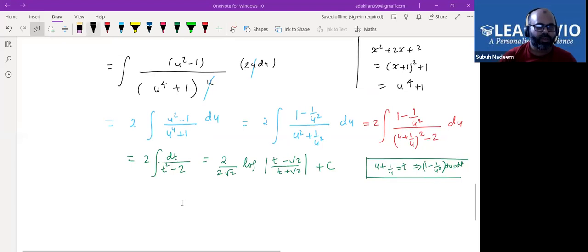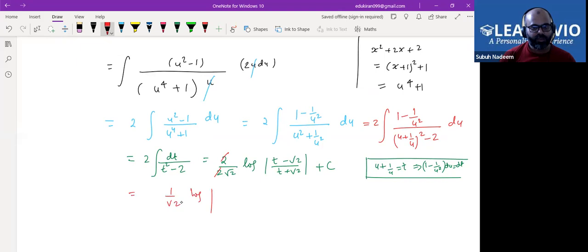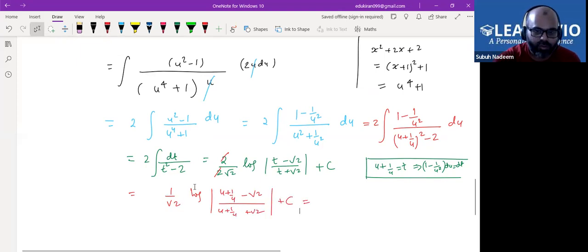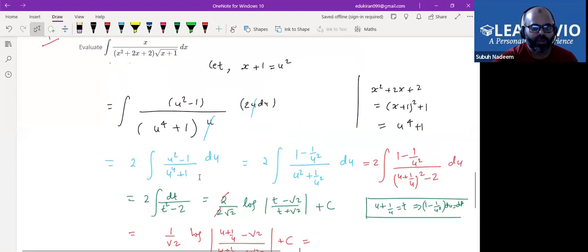So after doing till here, now we have to substitute back. So 2 cancels, 1 by root 2 log of mod of t, which is u plus 1 by u minus root 2 by u plus 1 by u plus root 2 plus c. And what was u? u square was x plus 1.